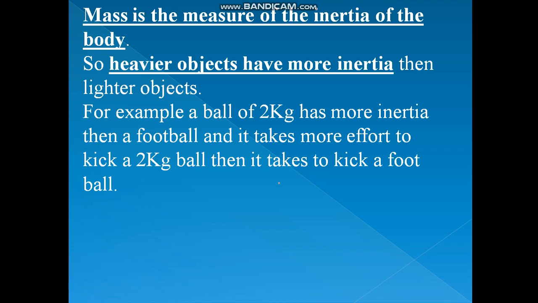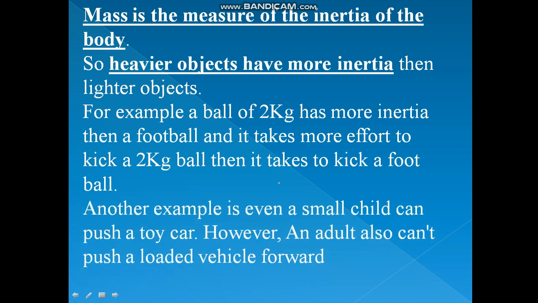For example, a ball of 2 kg has more inertia than a football, and it takes more effort to kick a 2 kg ball than it takes to kick a football. Another example is, even a small child can push a toy car. However, an adult can't push a loaded vehicle forward.